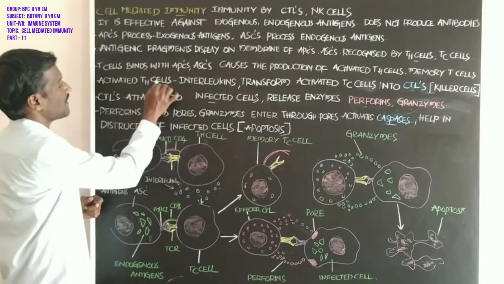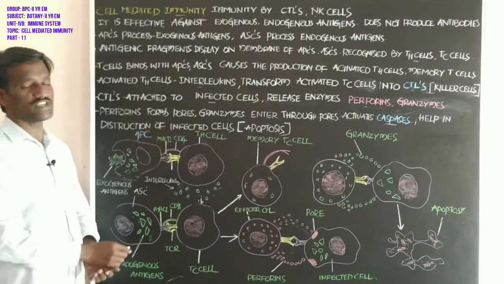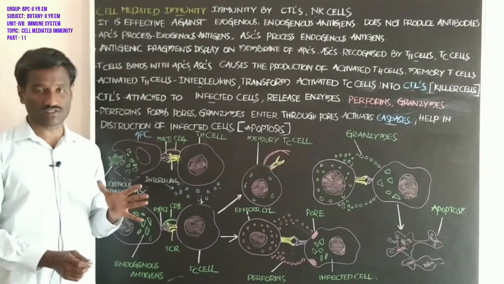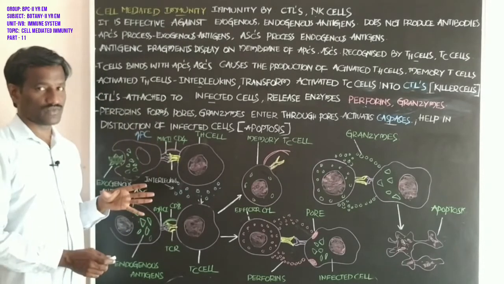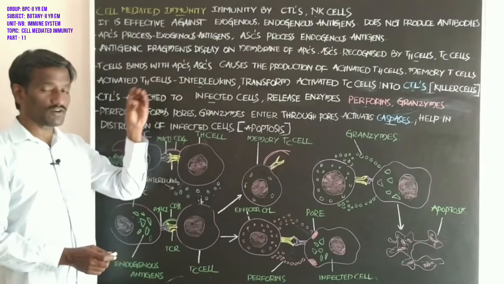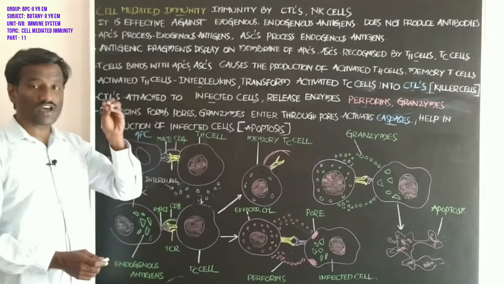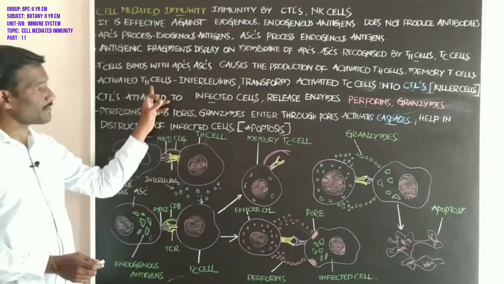At the same time, activated T helper cells produce interleukins. Interleukins are soluble mediatory proteins, small molecules, produced in the plasma of the blood. Interleukins are one type of cytokines produced by T helper cells.